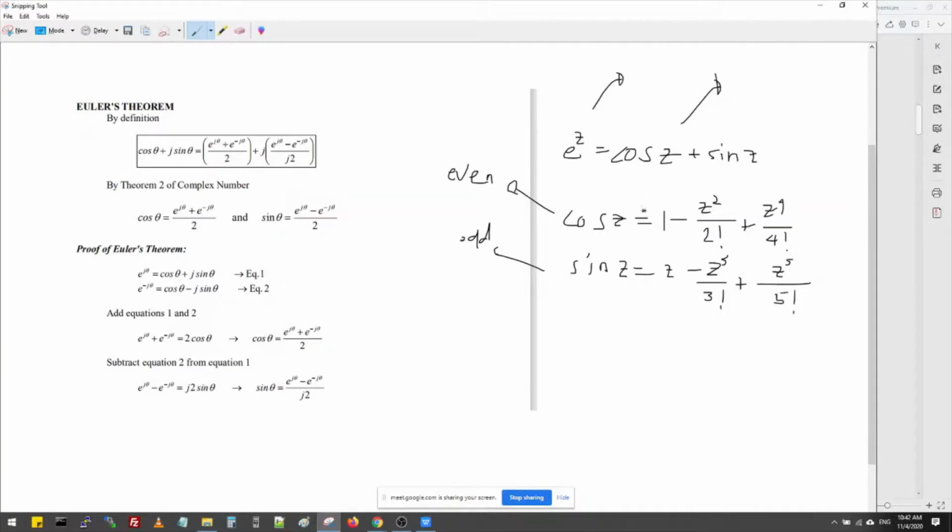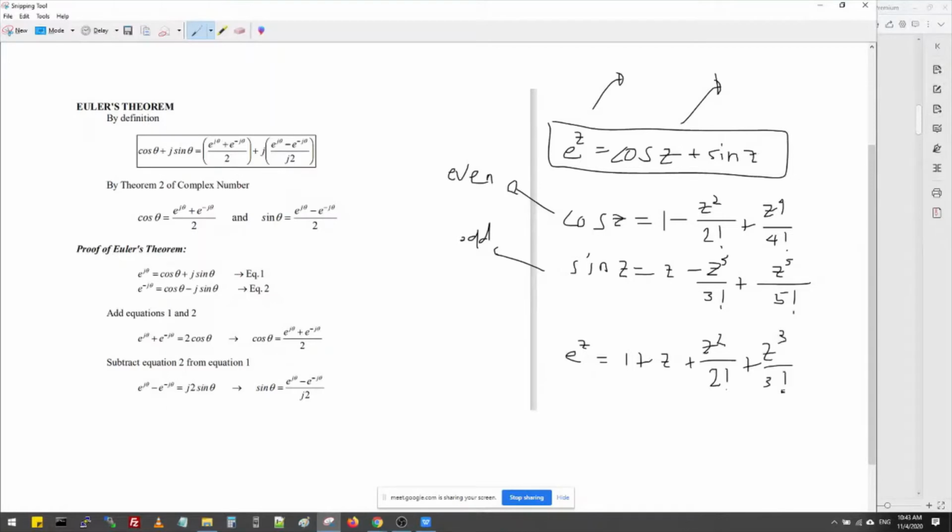If we add these, we can have e raised to z equals cosine z plus sine z. So this becomes 1 plus z plus z raised to 2 over 2 factorial, plus z raised to 3 over 3 factorial, and so on.